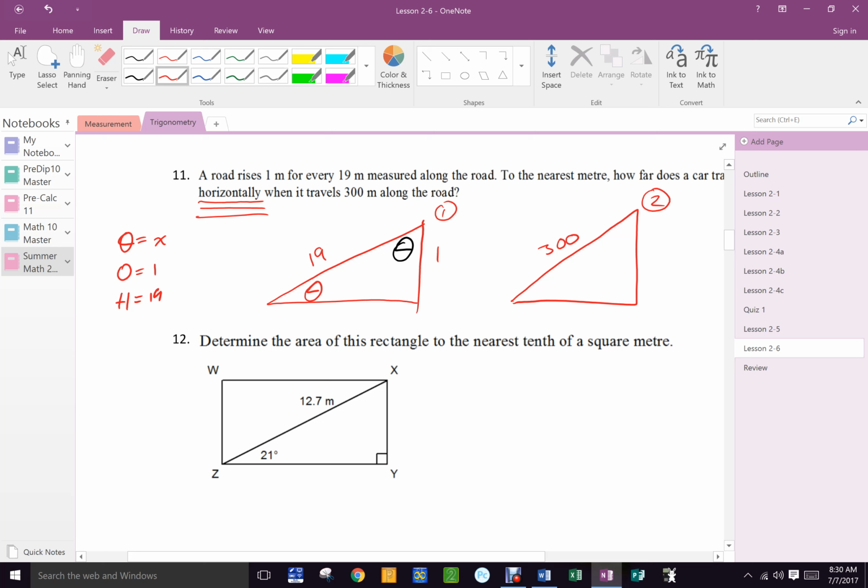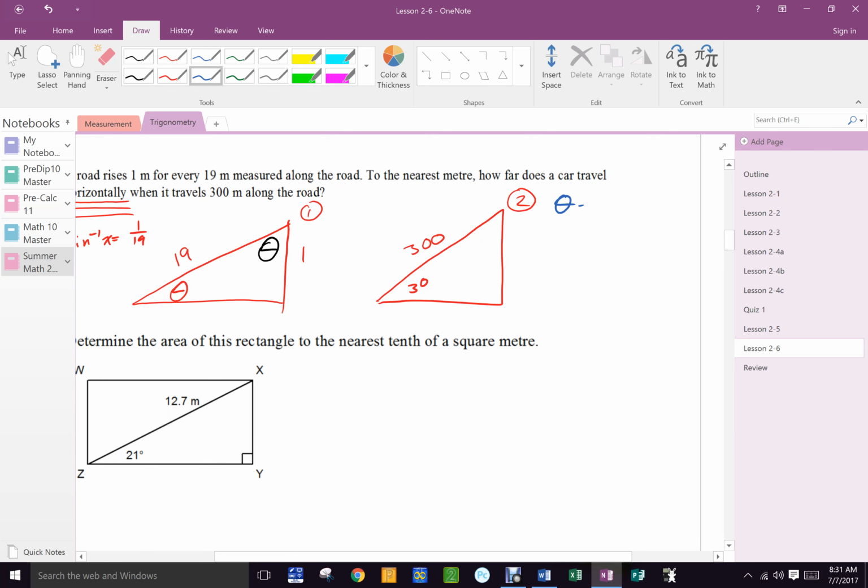Shift something. Shift what? Why is it sine? Because it's O and H. So if I go shift sine of 1 over 19, I'm going to get that number, aren't I? What is it? 3. So that's 3 degrees.